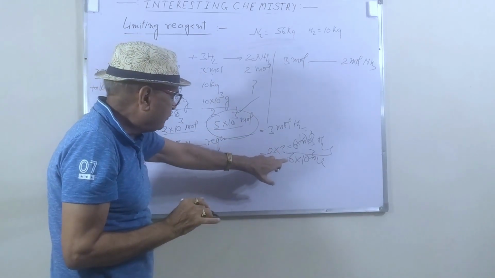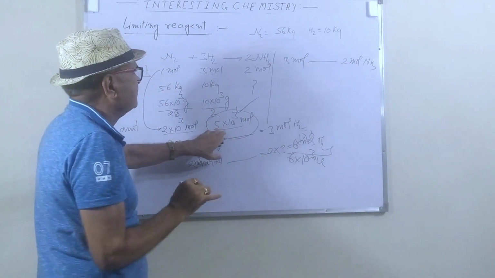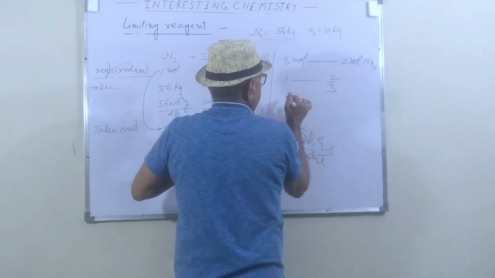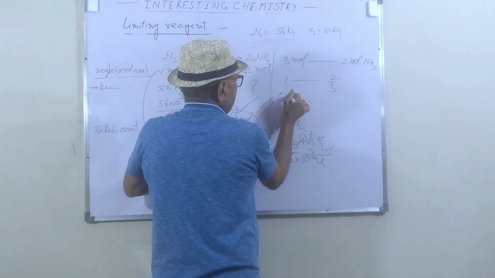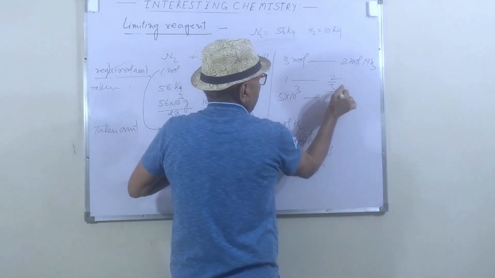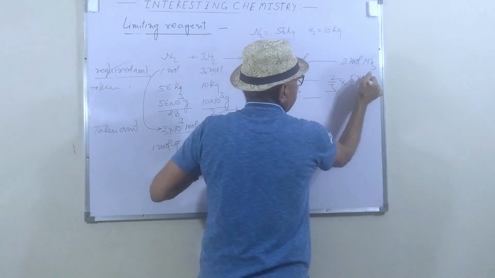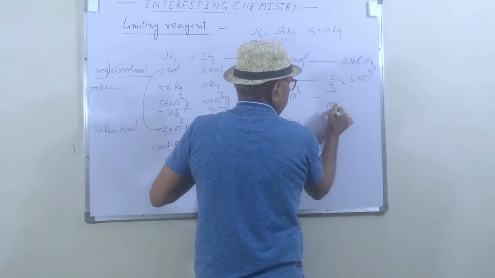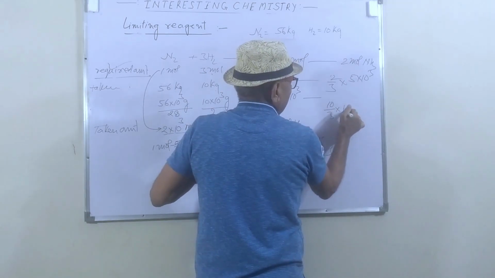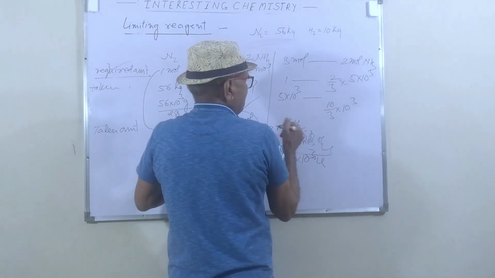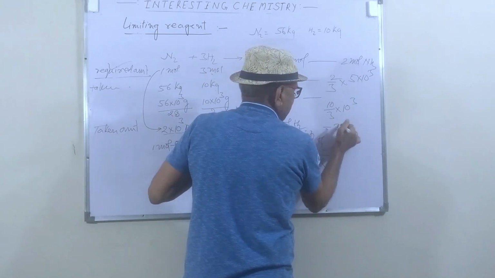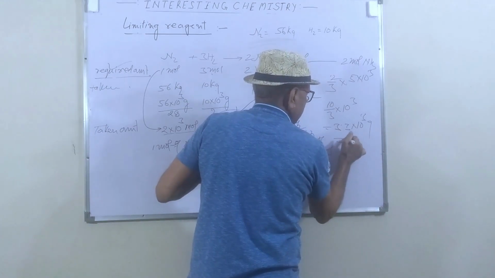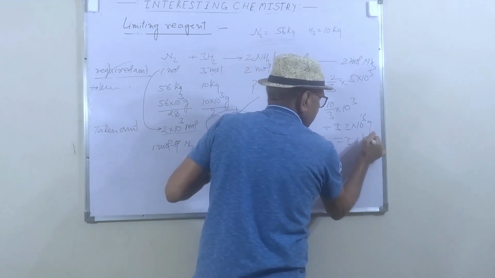And you have only 5 moles. So 1 mole will form 2 upon 3, and 5 into 10 raised to the power 3 will form 10 by 3 into 10 raised to the power 3 moles. Then in gram it is 34 by 3 into 10 raised to the power 3 gram, and you will write here 3.3 kg.